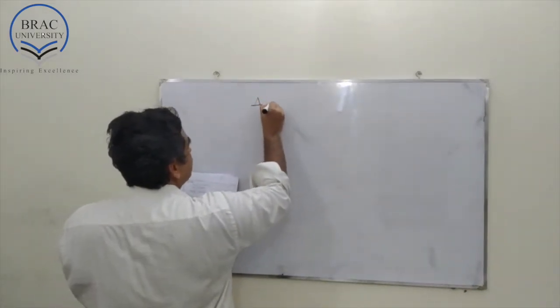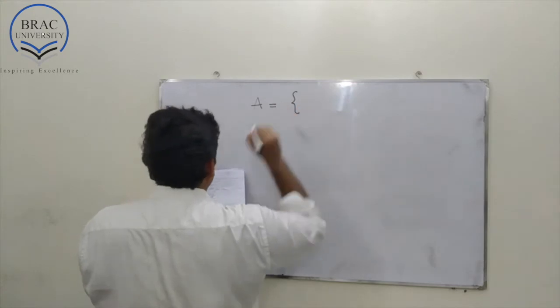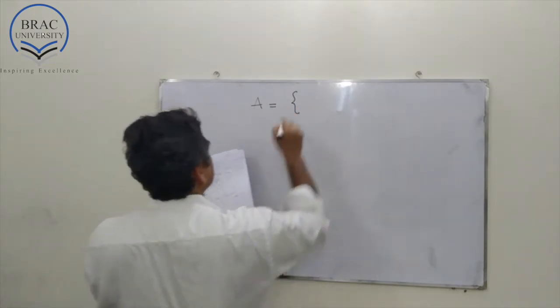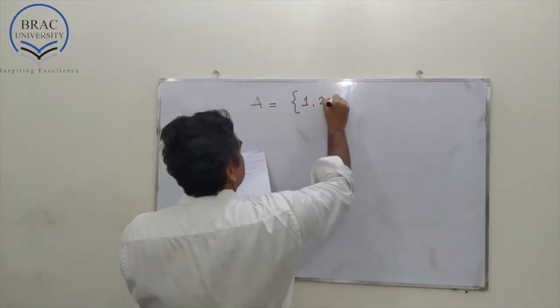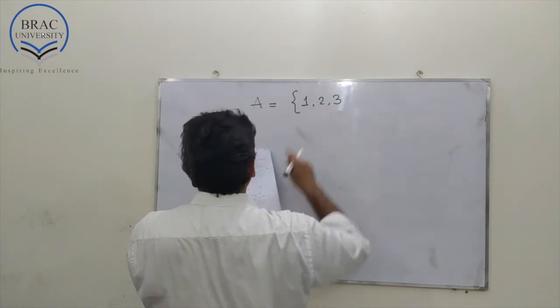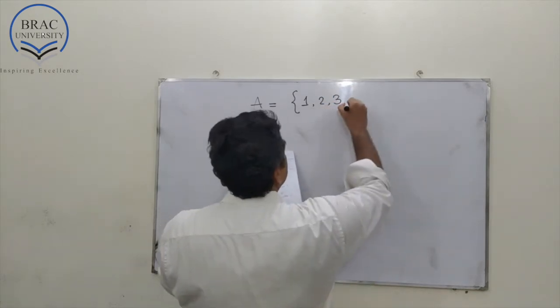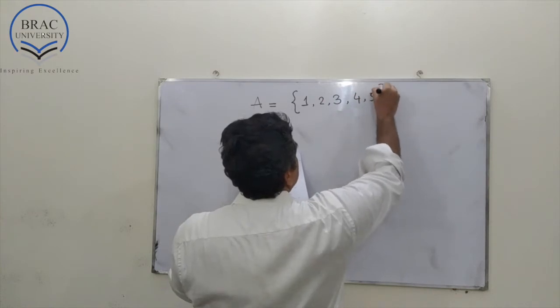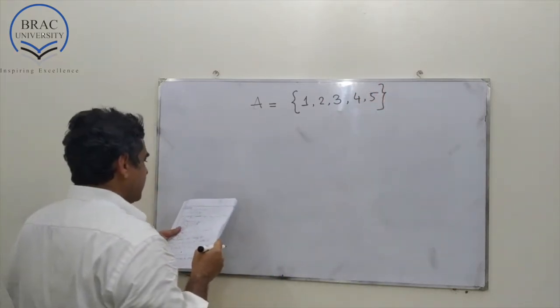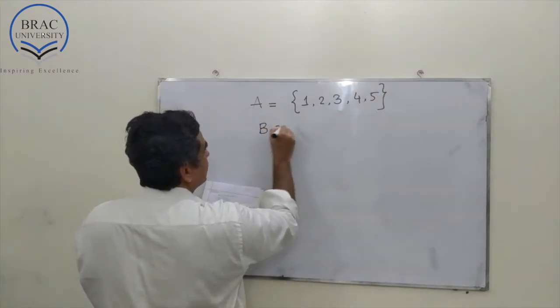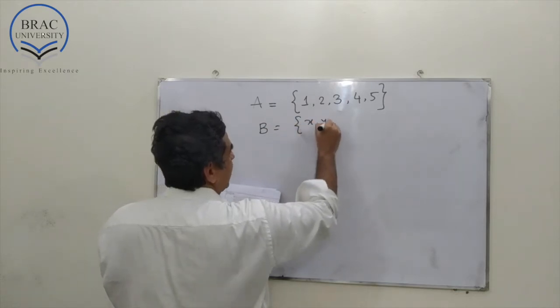We are given two sets, A and B, where A is the set of the first 5 natural numbers, and B is a 2-element set whose elements are x and y.